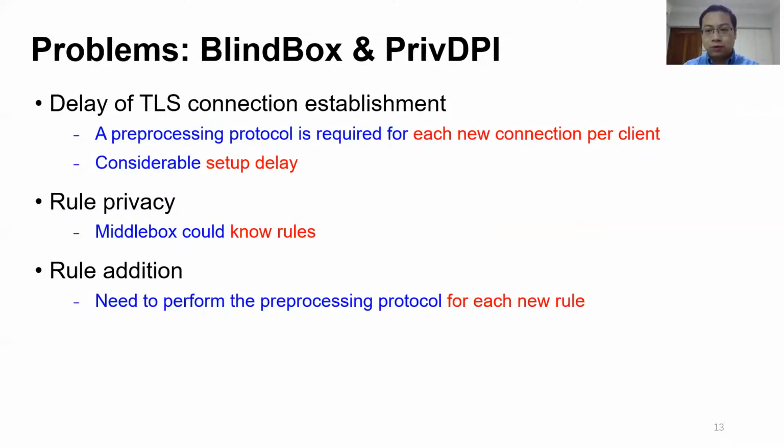Most solution providers rely on the privacy of their rules in their business model. Given the increasingly popular cloud-based black box services, the privacy of rules should be preserved against those black boxes. In addition, BlindBox and PrivDPI need to perform the pre-processing for each new rule.